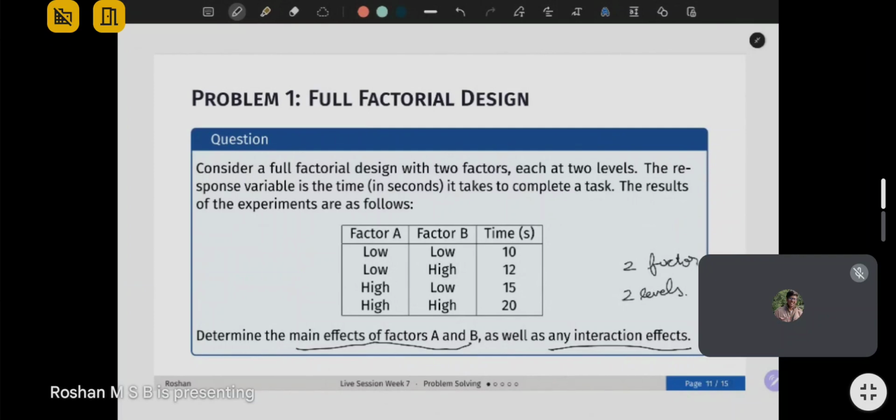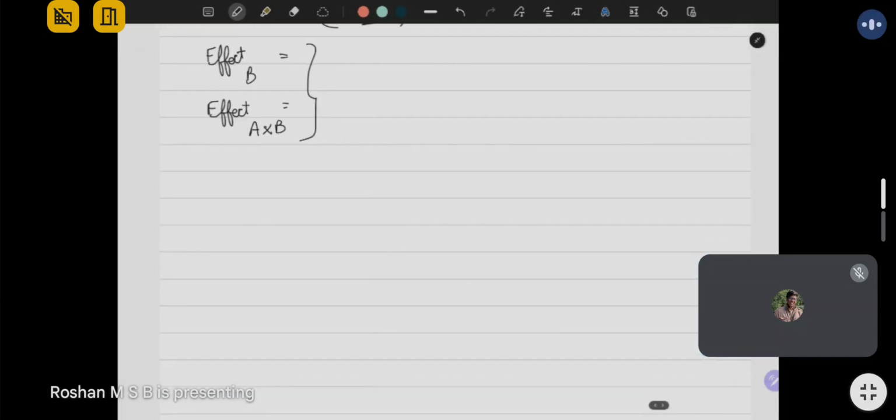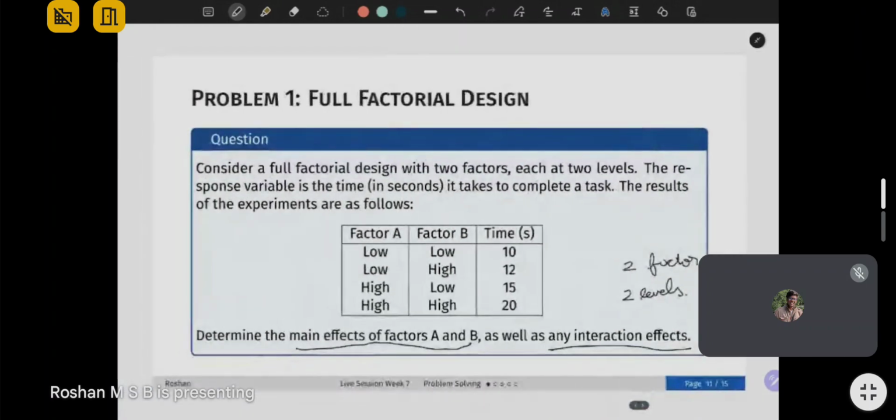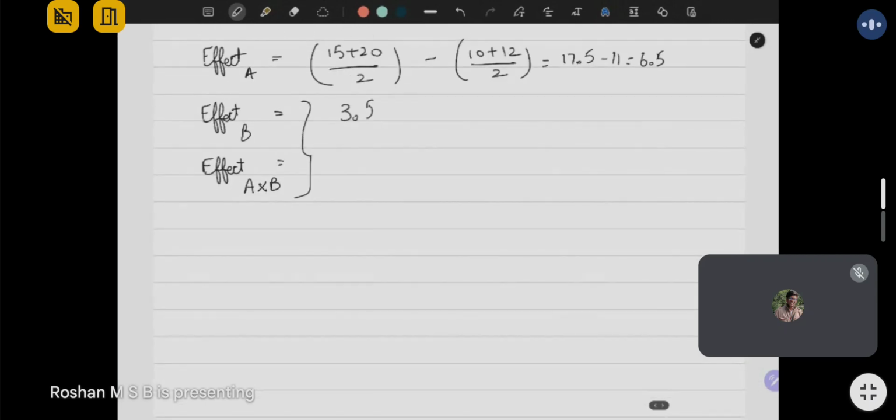It is 3.5 for B. Yeah, it is 3.5 for B. What about interaction? For interaction, 1.5. Yes, it is 1.5.